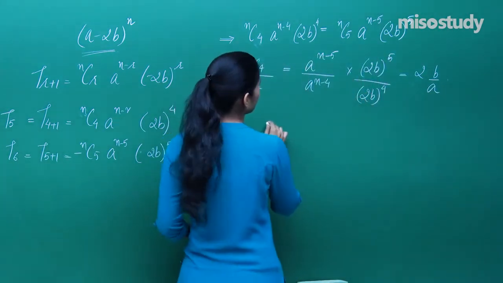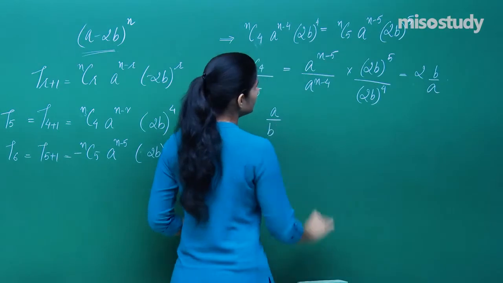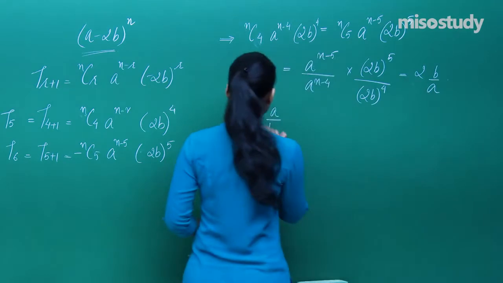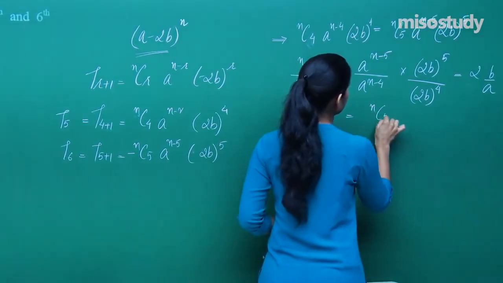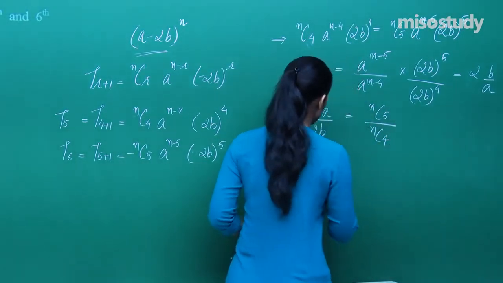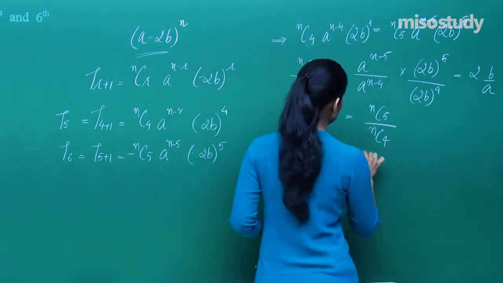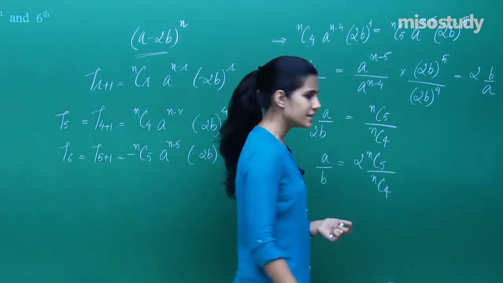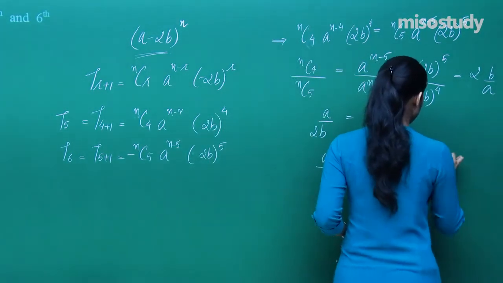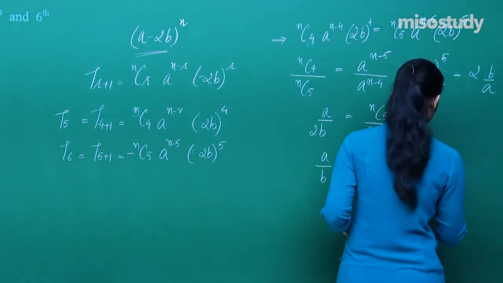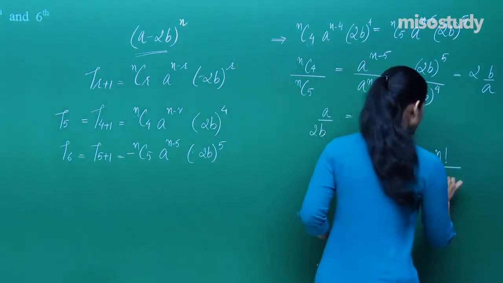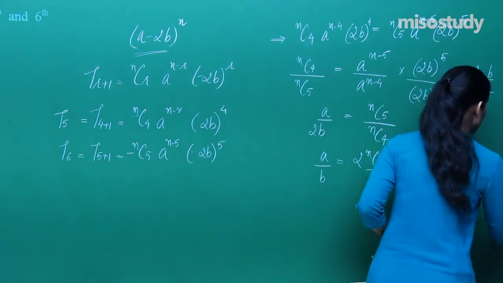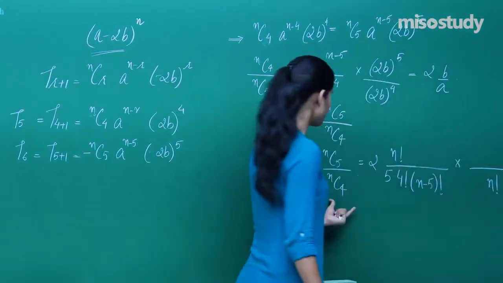So what is a by b? If this is 2 times b by a, actually a by 2b will be equal to nC5 upon nC4. So a by b is twice of nC5 by nC4. What is nC5 by nC4? It actually gives you n factorial upon 5 factorial, which can be written as 5 into 4 factorial into n minus 5 factorial, and then you get n factorial because it is upon nC4.